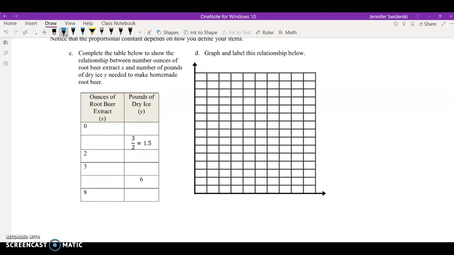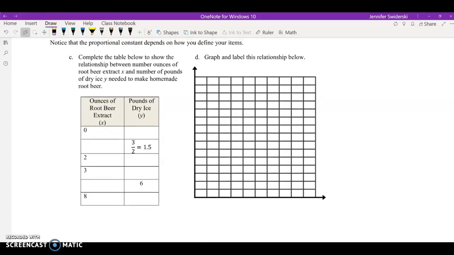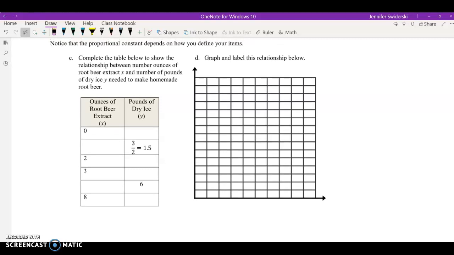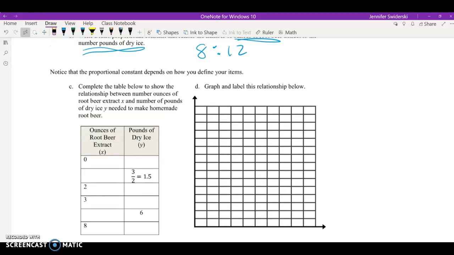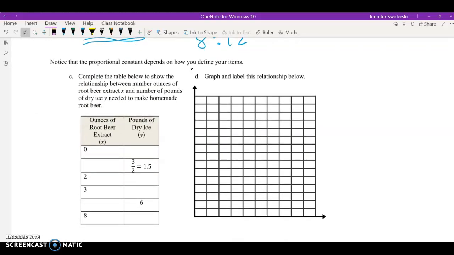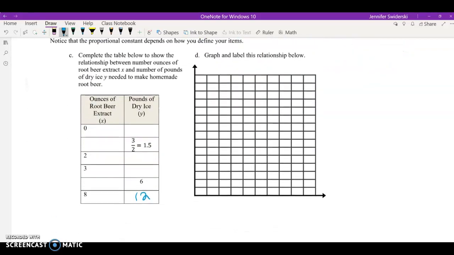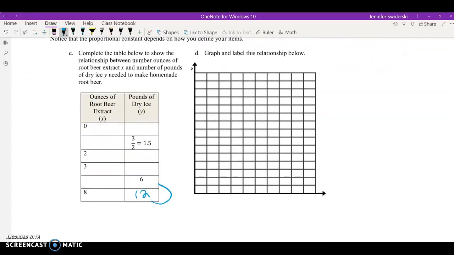Complete the table below to show the relationship between the number of ounces of root beer extract, which is your x, and the number of pounds of dry ice. So we know to have 8 ounces of root beer extract, we need 12 pounds of dry ice. Well, how would I get from 12 to 6? I would divide by 2. So 8 divided by 2 gives me 4.